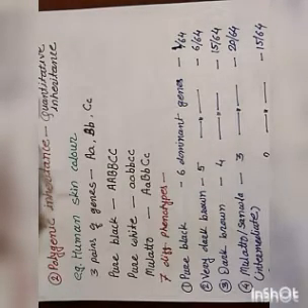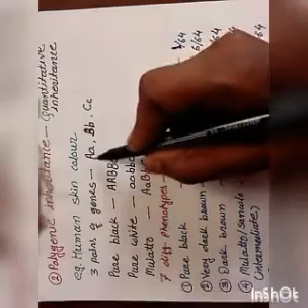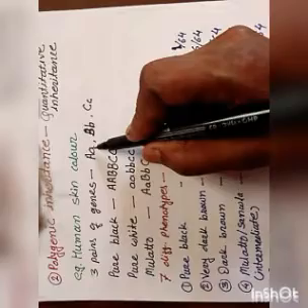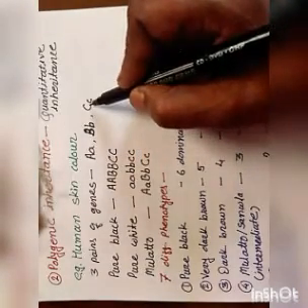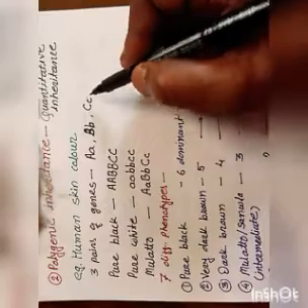From this, they concluded that in human beings, the skin color is controlled by 3 pairs of genes, that is capital A, small a, capital B, small b and capital C, small c.